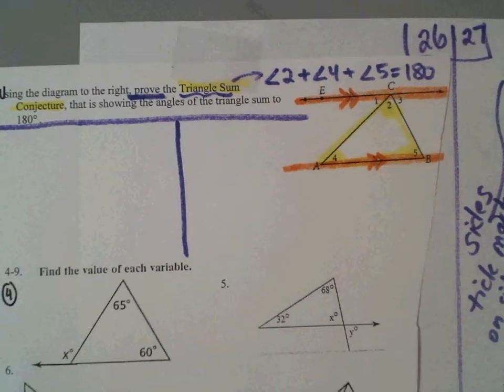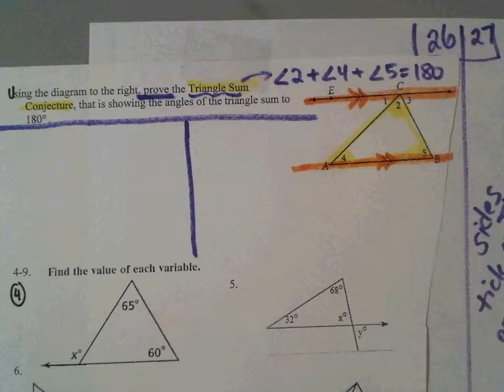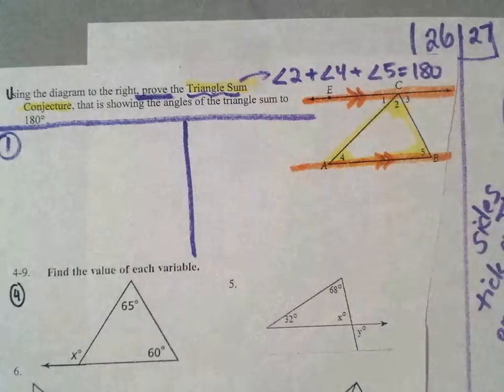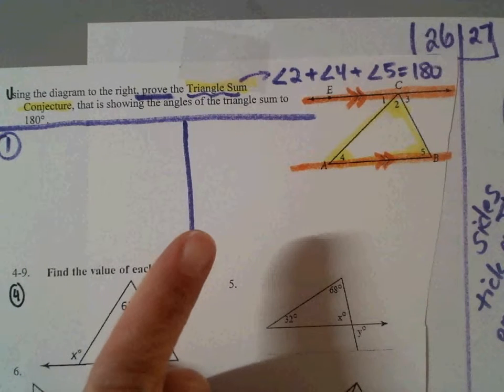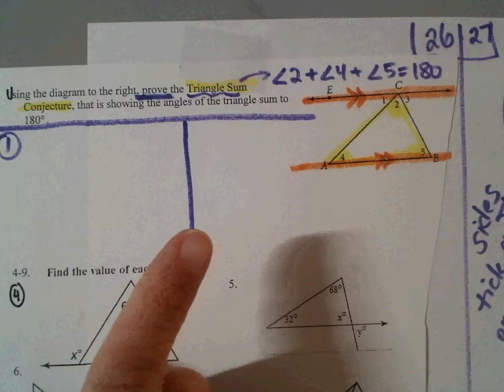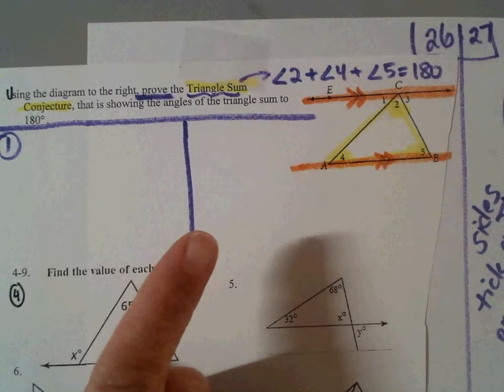Okay, so what are we allowed to say? Start with our given. They didn't really give you anything besides this picture. Well, they gave us that some angles up here are supplementary. Can anyone find some angles that are supplementary according to our picture? Angle blank plus angle blank plus angle blank.